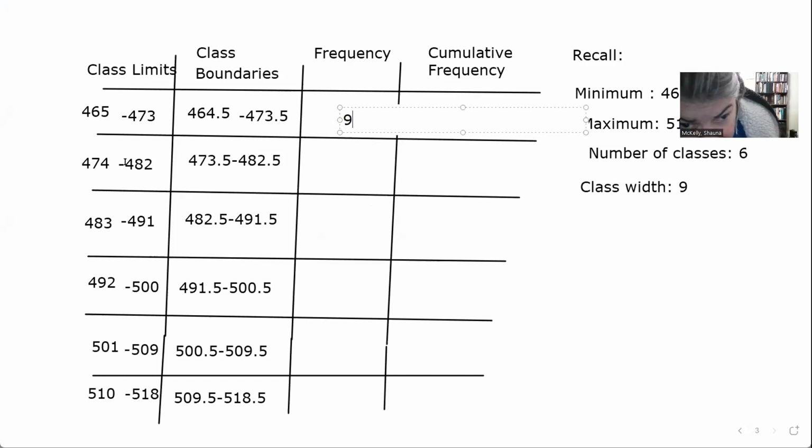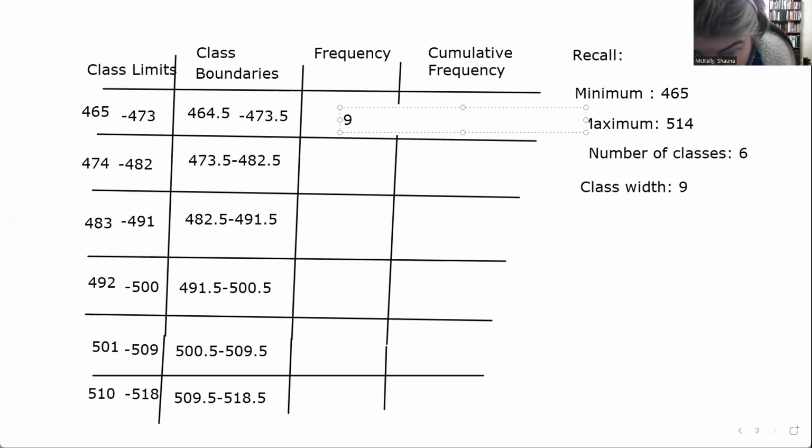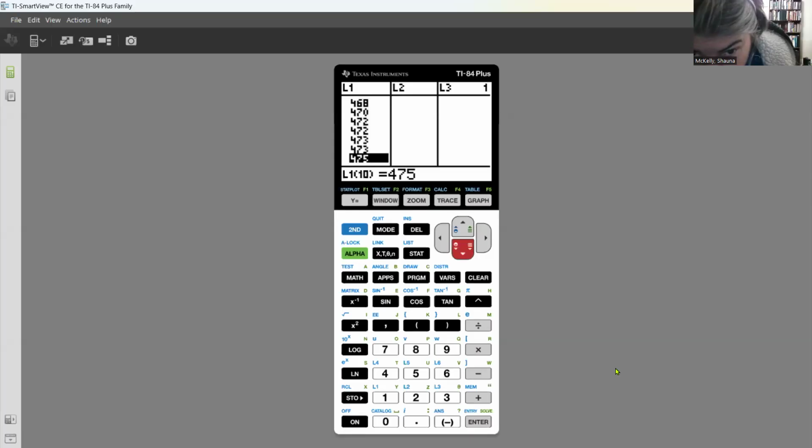Okay. Now we're going to count from 474 to 482 inclusive. So that's 1.